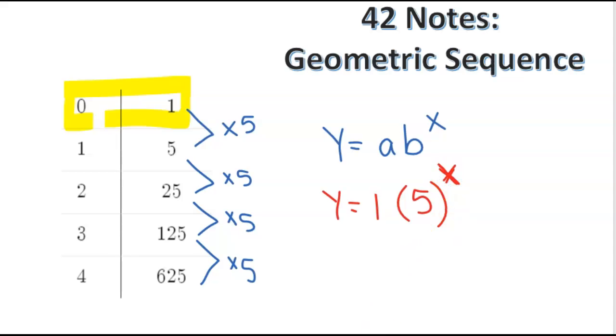Now, A is 1 here. When you multiply by 1, does it get more or less or stay the same? Stays the same, right? When you multiply by 1. And so a lot of times when the A is a 1, we leave it out. It's not wrong to put it in there, but a lot of times we would just leave it out.